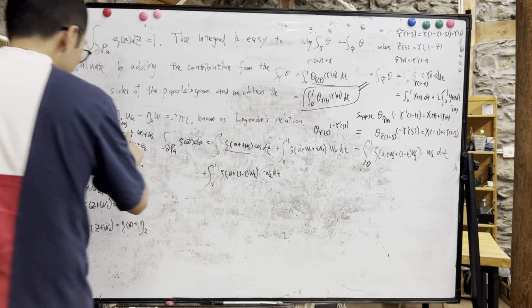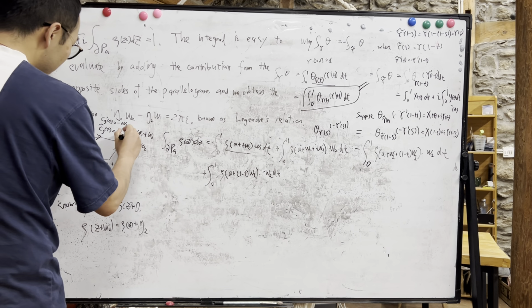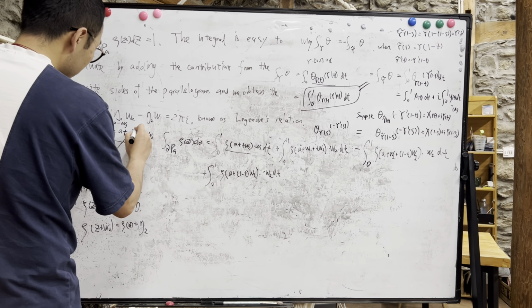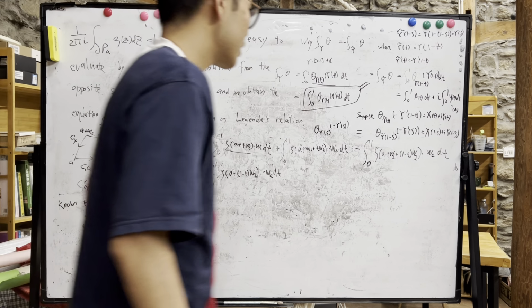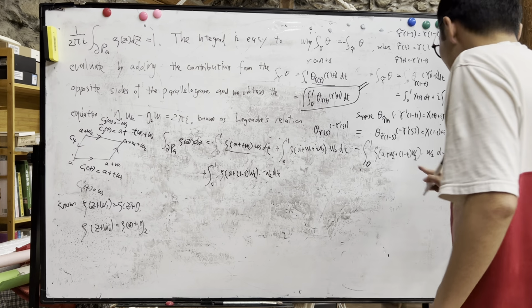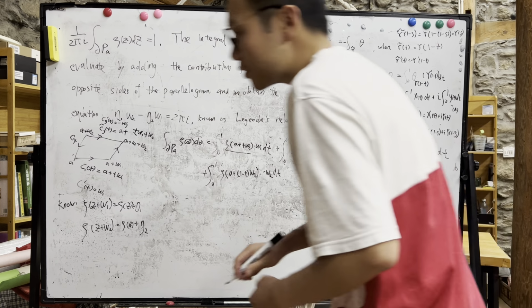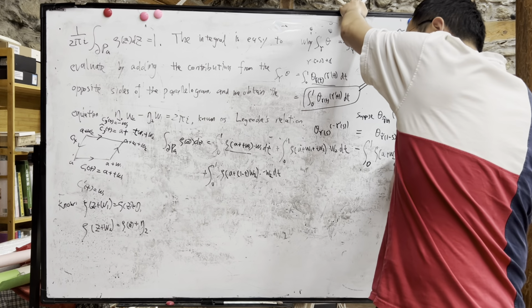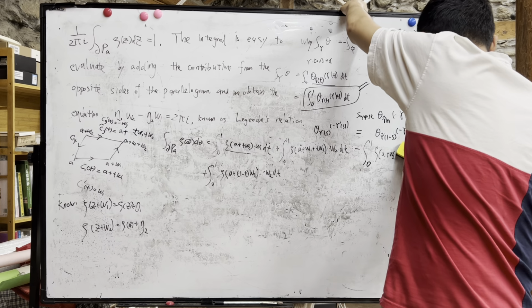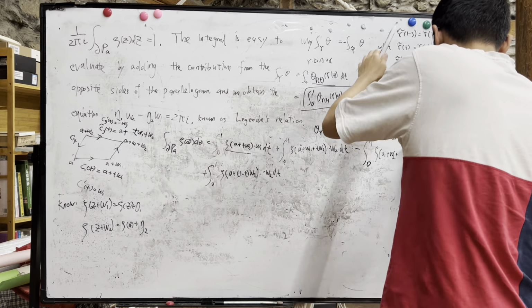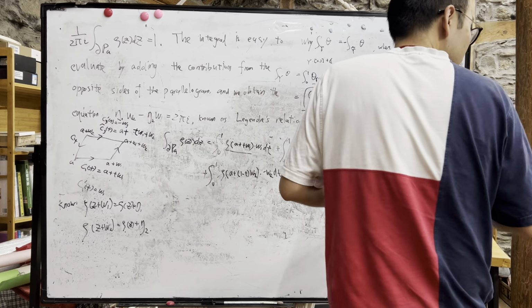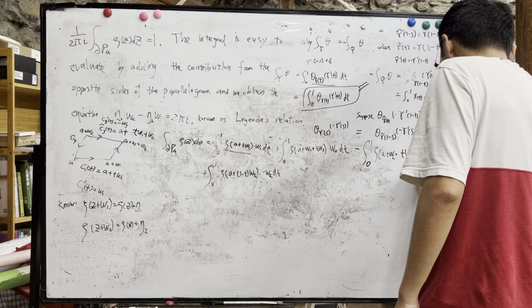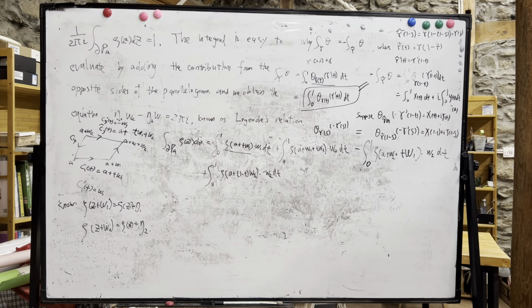Sorry, this might be a little bit ambiguous here. So A plus T times omega 1, and then the parameterization inside: 1 plus omega 2 plus T times omega 1.